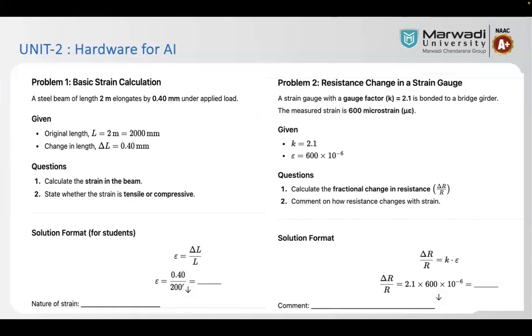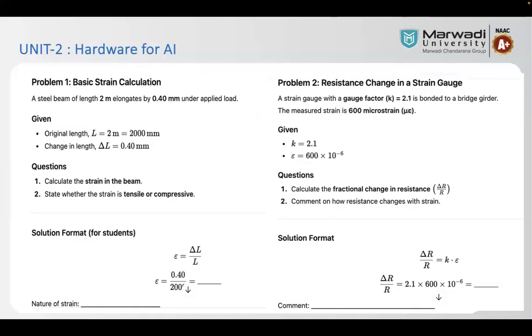The second problem is also simple in terms of calculations, and the equations are associated here, so you can utilize them directly. It says that a strain gauge with a gauge factor, now you know what a gauge factor is, is bonded to a bridge girder. The measured strain is 600 micro strain, because strain values are very small, so it is expressed as micro strain here.